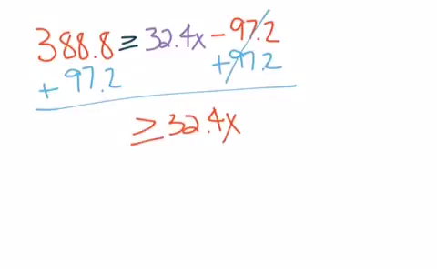So we have 486 on our left, is greater than or equal to 32.4x. Right here, this is a multiplication equation, so we're going to do the inverse of multiplication, which is division. Divide by 32.4.